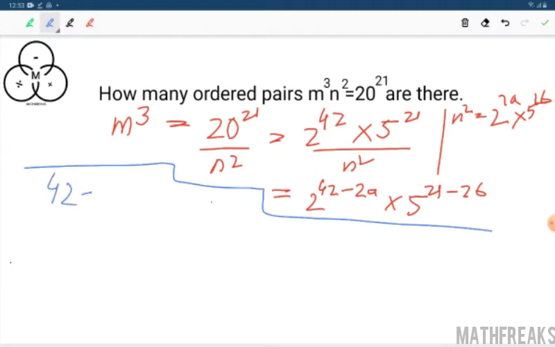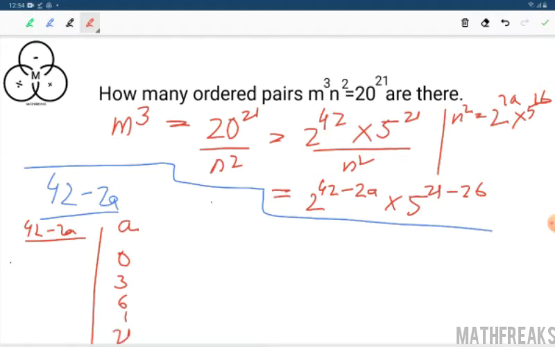Take 42 minus twice a. What are the permitted values? You just see. Here I am writing the values of a, and here I will write the result. 42 minus twice a equals 0, 3, 6 up to 42. 8 values we are getting.